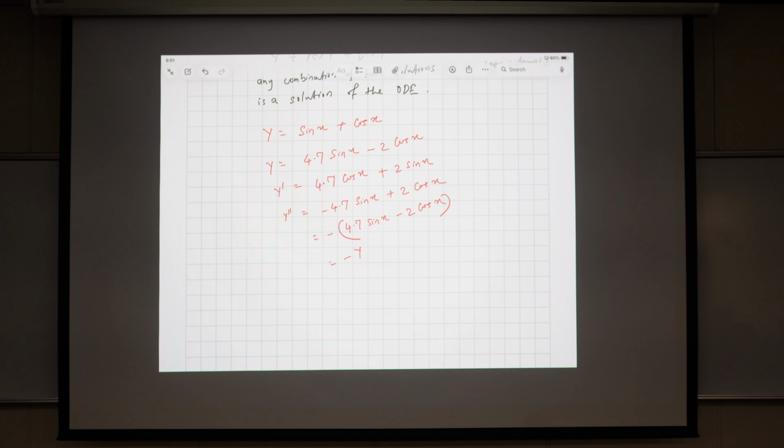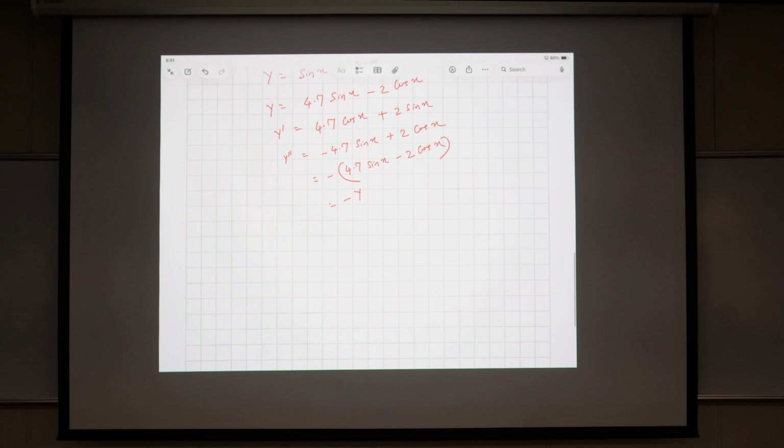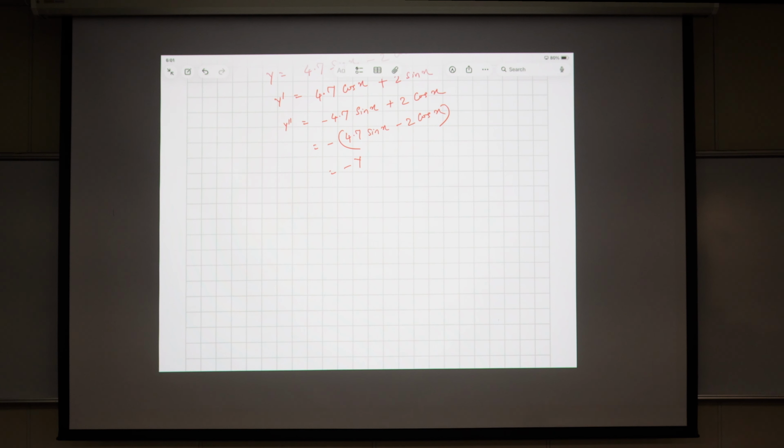So what is the point here? Despite having two different solutions, in particular, for such an equation, sum and constant multiples of solutions are again solutions.